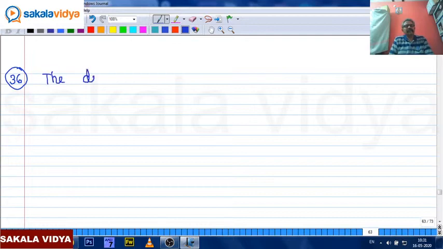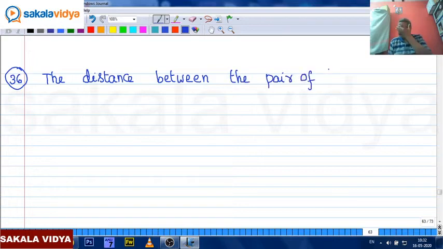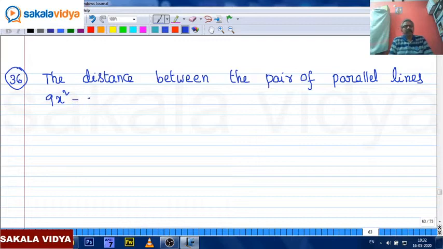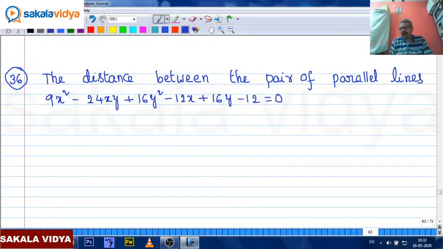The distance between the pair of parallel lines 9x square minus 24xy plus 16y square minus 12x plus 16y minus 12 is equal to 0 is: first option 5, second option 8, third option 8 by 5, fourth option 5 by 8.